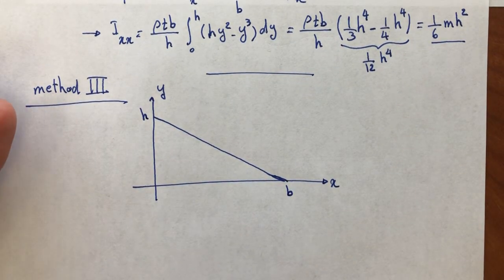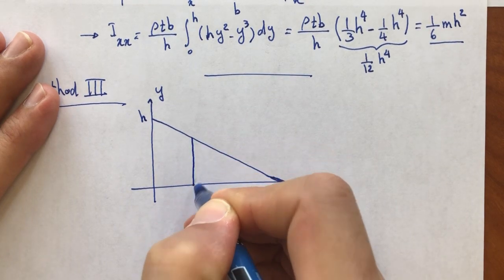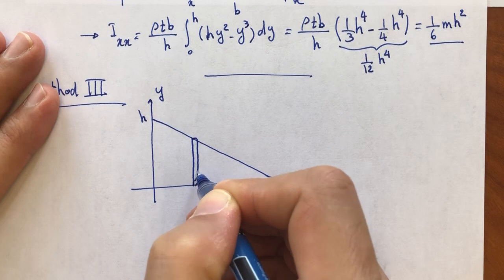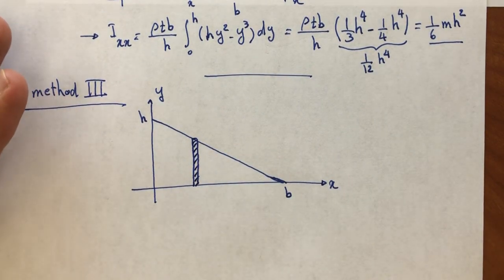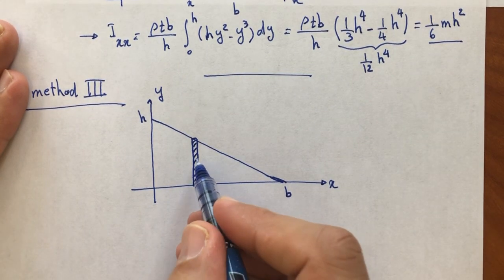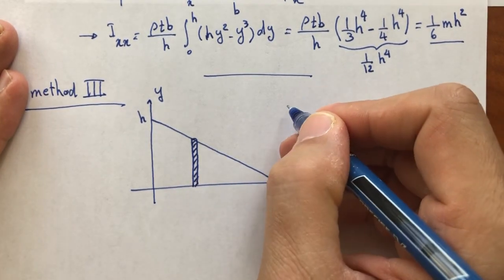In the third method, I'm going to use these strips to find the mass moment of inertia about the x-axis. In the previous one, I used horizontal strips.